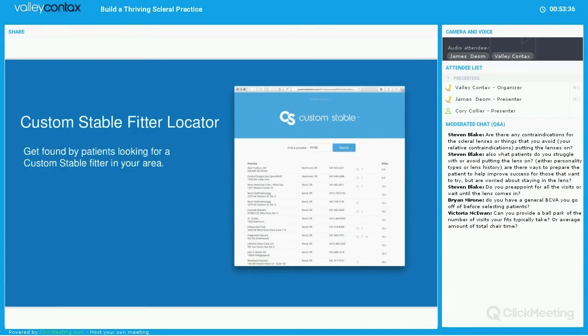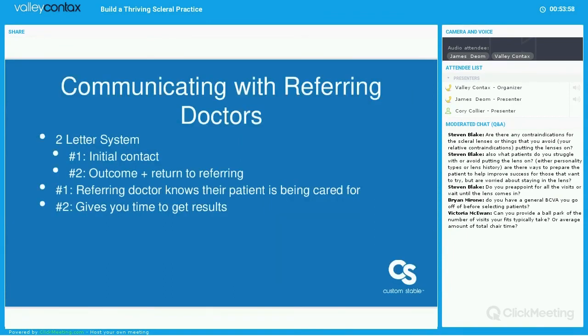There's a Custom Stable patient website which provides information on a Custom Stable lens, and it also provides a fitter locator which patients can use to help find docs who fit Custom Stable lenses in their area. I've had a couple of patients actually say that they've found offices through this portal when I've been around the communities.